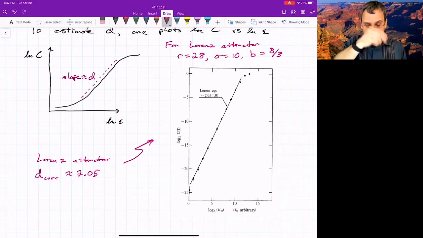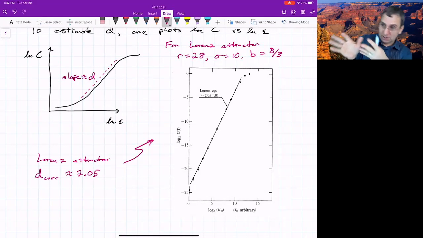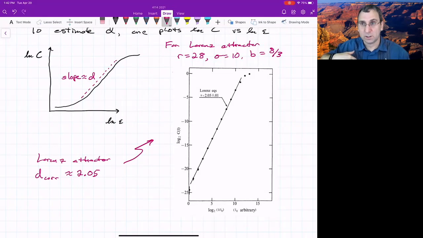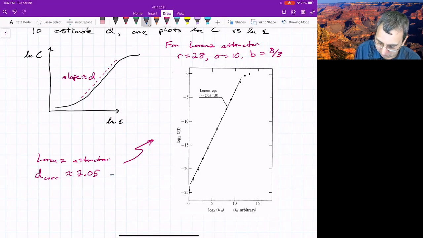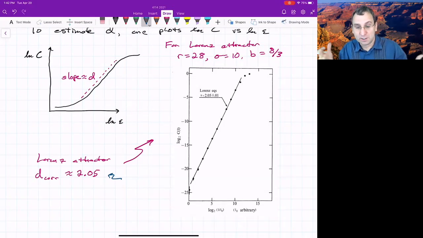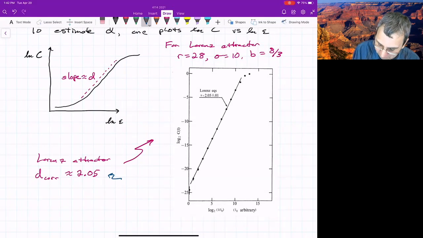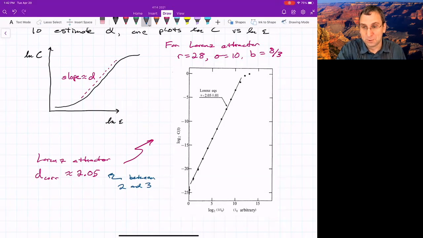When you visually look at it, it looks like this weird twisted surface, or what Lorenz called an infinite complex of surfaces. It's almost 2D, but this would fit with our intuition once you accept this idea of fractals, that it's between 2 and 3. So that was kind of cool. There are these tools for calculating things.